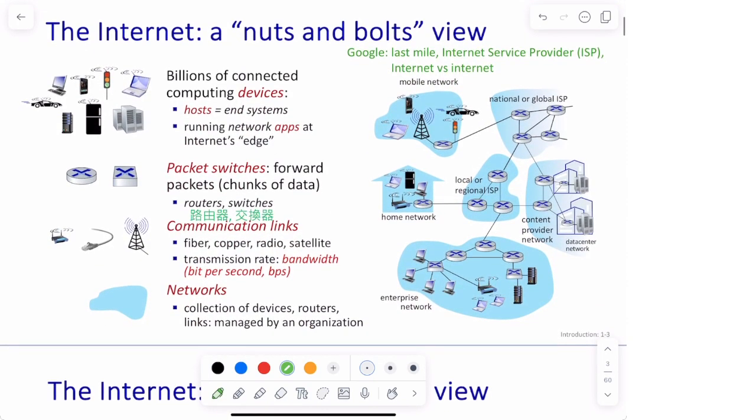Basically, when we talk about the internet, there are several different components. The first one is the billions of connected computing devices. Devices, hosts, or end systems. There are several different terminologies, but they all have the same meaning. That means the devices you use.